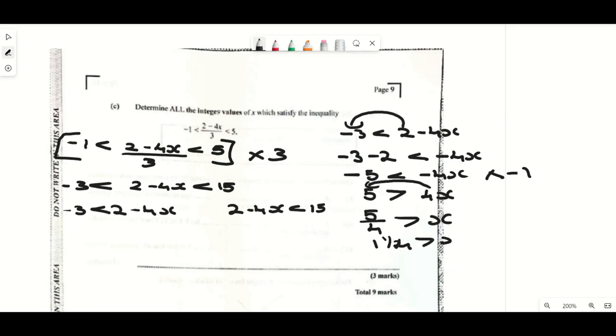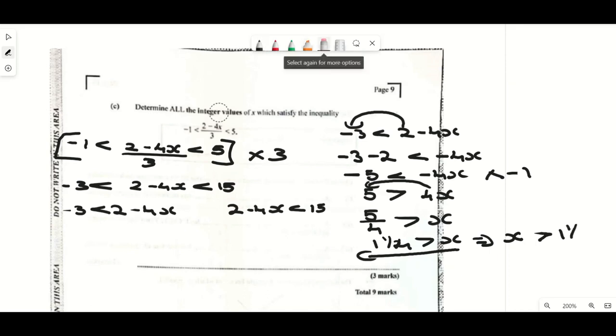But please remember, always read from the letter. So because we're going backwards, this is going to change to x is not more than, sorry, but less than 1 1/4.